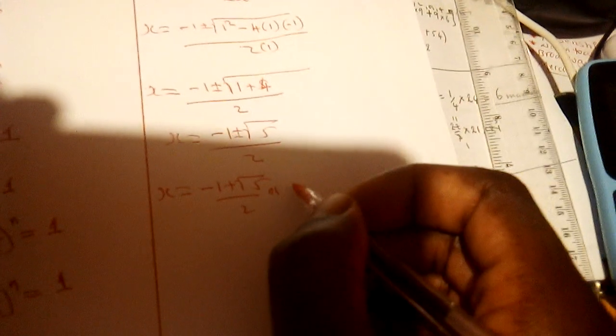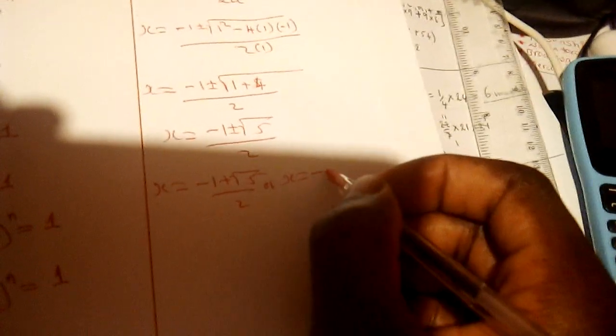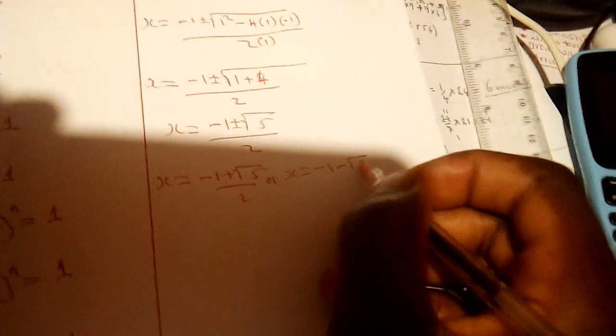Once this is done, we split and say either x is equal to minus 1 plus the square root of 5 over 2, or x is minus 1 minus the square root of 5 over 2.